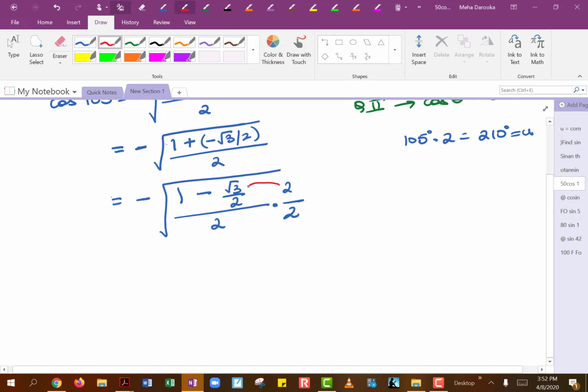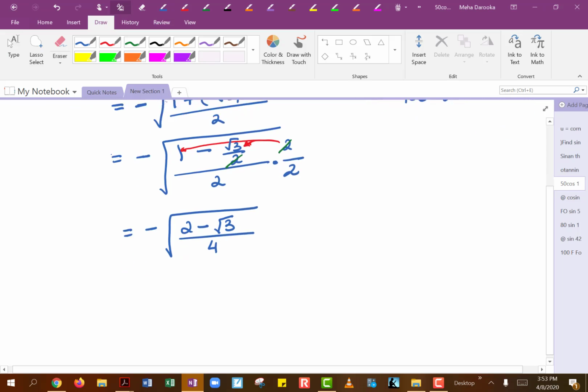So this 2 gets multiplied into this one, this 2 gets multiplied into this one, so you would end up again with negative on the outside. 2 times 1 is 2, minus, when you multiply square root of 3 over 2 with this 2, the 2 and 2 will cancel out, leaving you with just minus square root of 3, and then on the denominator 2 times 2 will end up becoming 4.